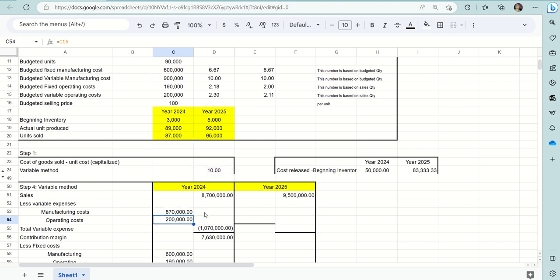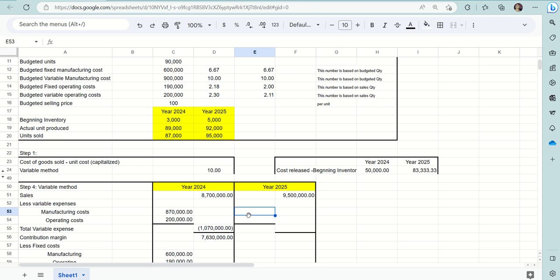So the variable manufacturing costs, to find out the variable manufacturing costs, you would multiply the units sold. Remember, this method only differentiates with respect to fixed costs. The variable costs are calculated in the same manner.